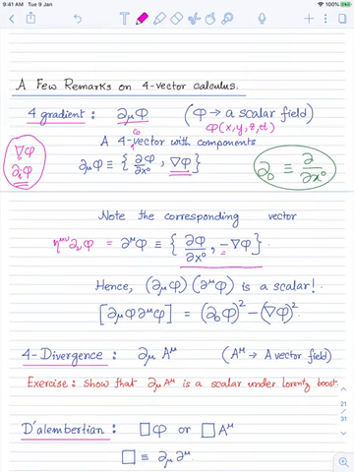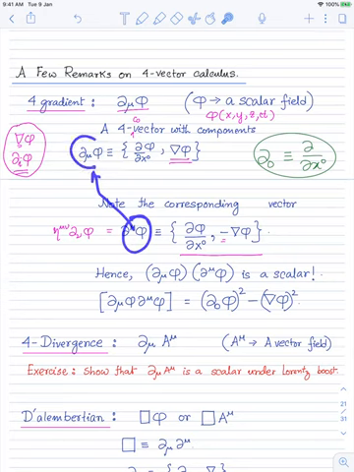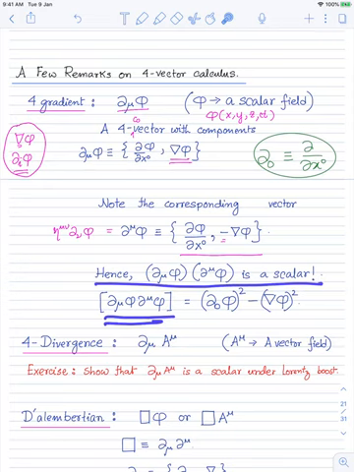And now we can take the covector and the vector here, and perform a dot between them to form a scalar invariant. So we can write down something like del mu phi, del mu phi. The indices just keep track of that.